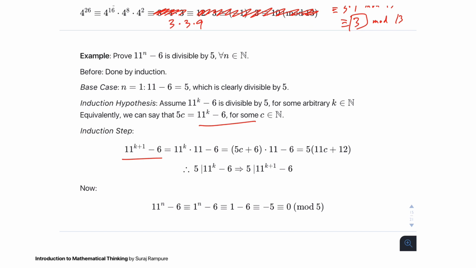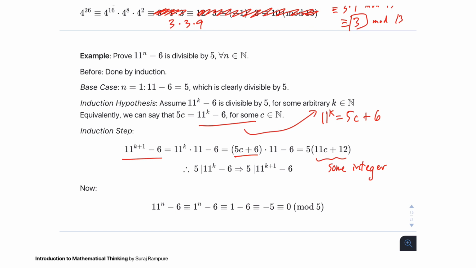We can write 11 to the k plus 1 as 11 to the k times 11, and substitute in what we had in our induction hypothesis, 5c plus 6. We did some expansion, and we saw that we could write 11 to the k plus 1 minus 6 as 5 times some integer.